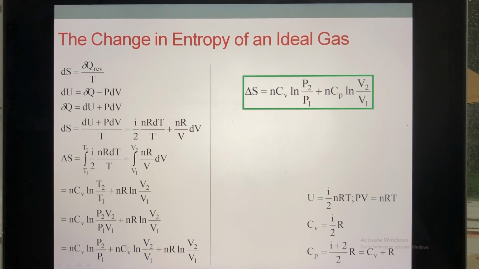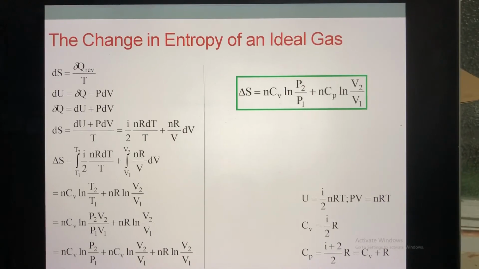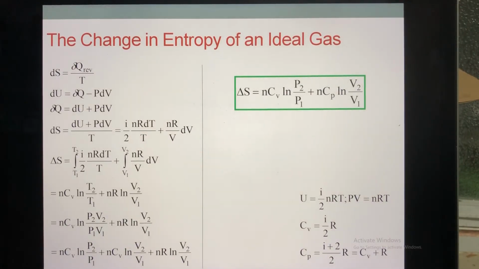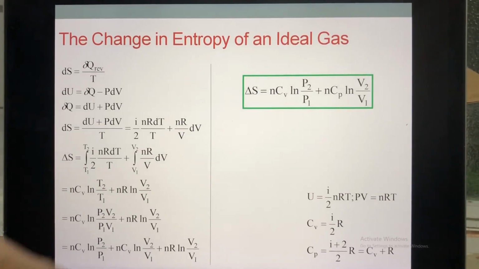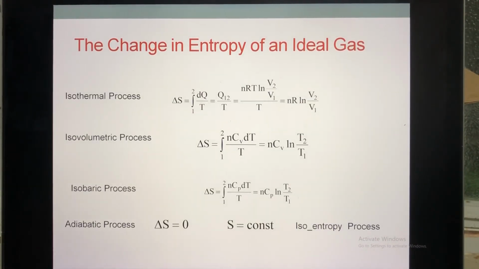So you rewrite it in kind of a sum, or you shorten it like this way. So this one is the formula for the entropy of an ideal gas.